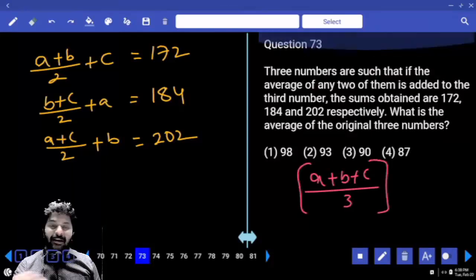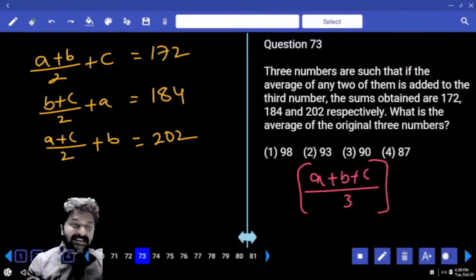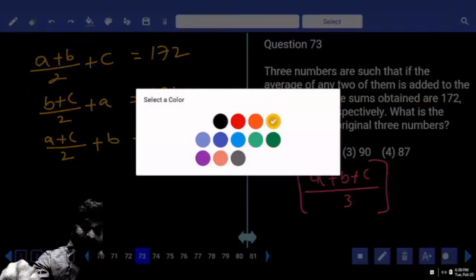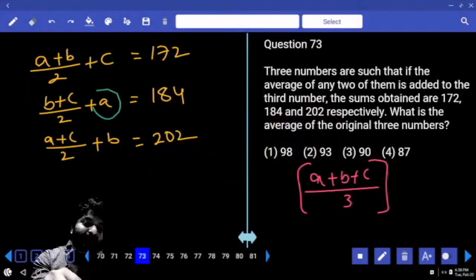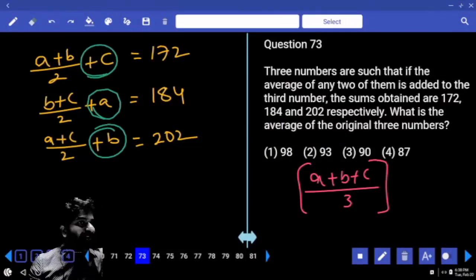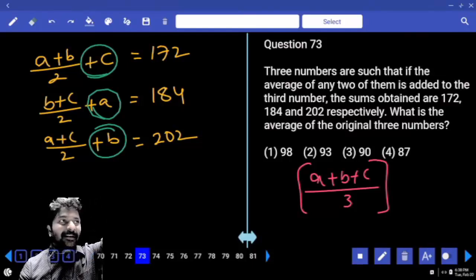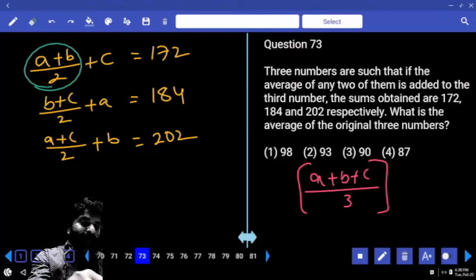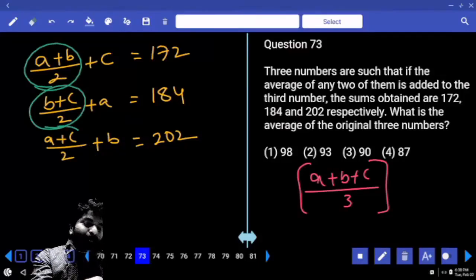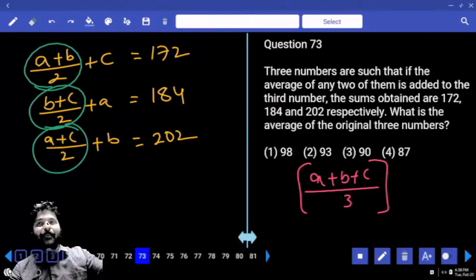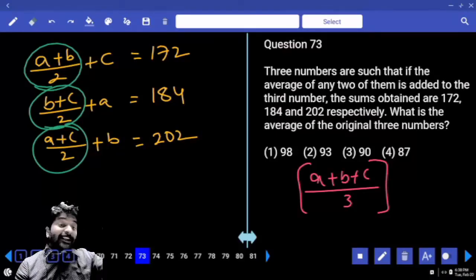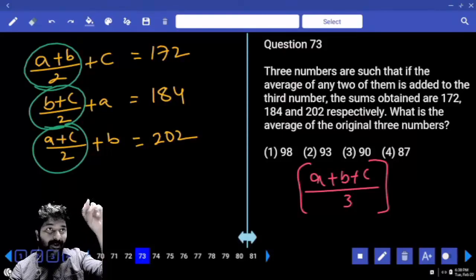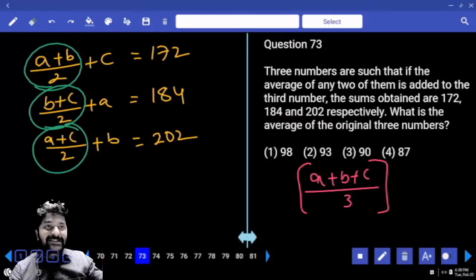Original 3 numbers, in the sense we just need to calculate a plus b plus c by 3. Now first let's try to get a plus b plus c. When you add all these left hand side values, a plus b plus c, one time is there, correct? Leftover values a plus b by 2, b plus c by 2, a plus c by 2. Everywhere the denominator is 2 only. If you take that common, in the numerator we have 2a, 2b, 2c. You can take 2 common and cancel.